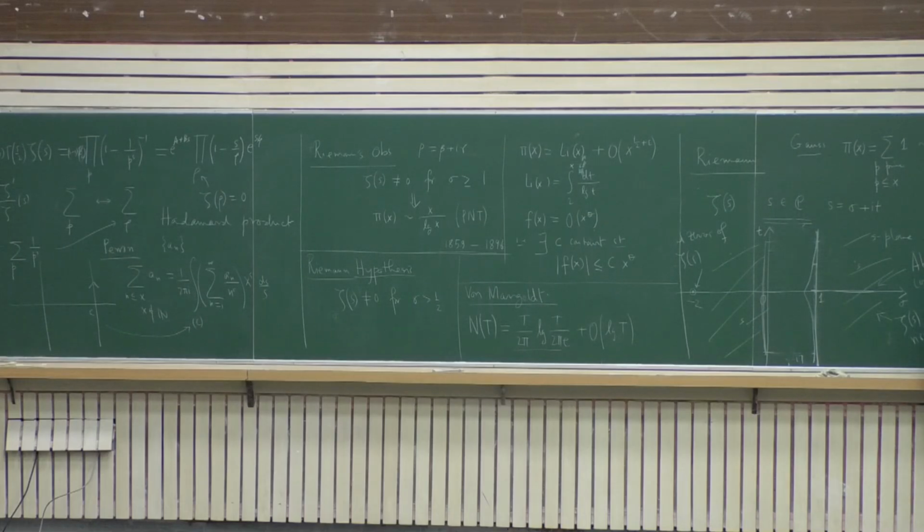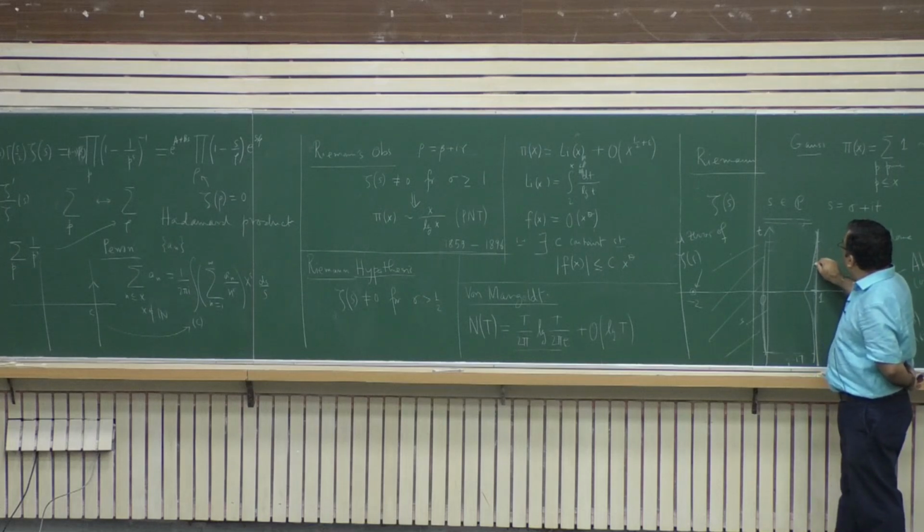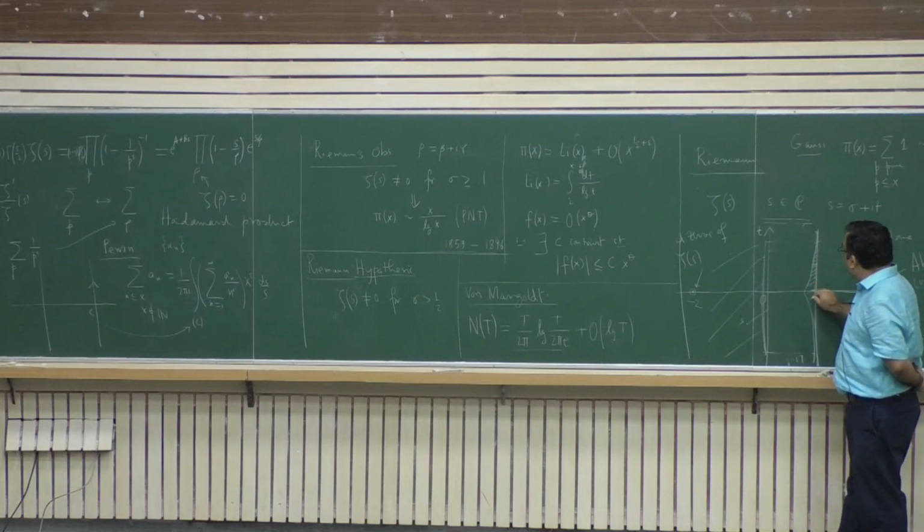So theta sigma of T is not equal to 0. Now, there exists a constant beta such that sigma plus IT is not equal to 0. So if you draw the picture of this sigma equal to this, you get a curve which looks like this. And this statement is saying that there are no zeros on the right of this curve.